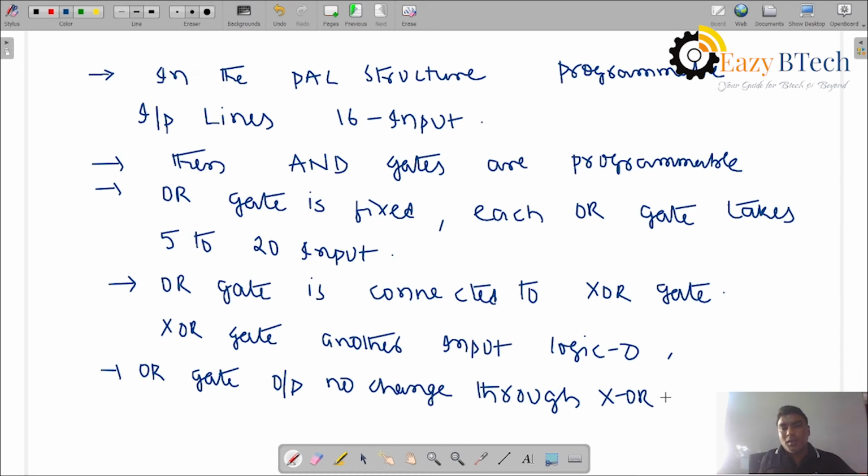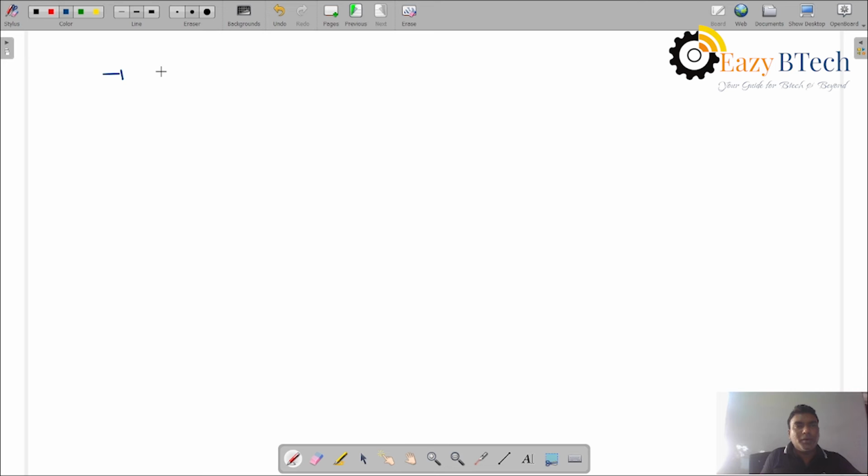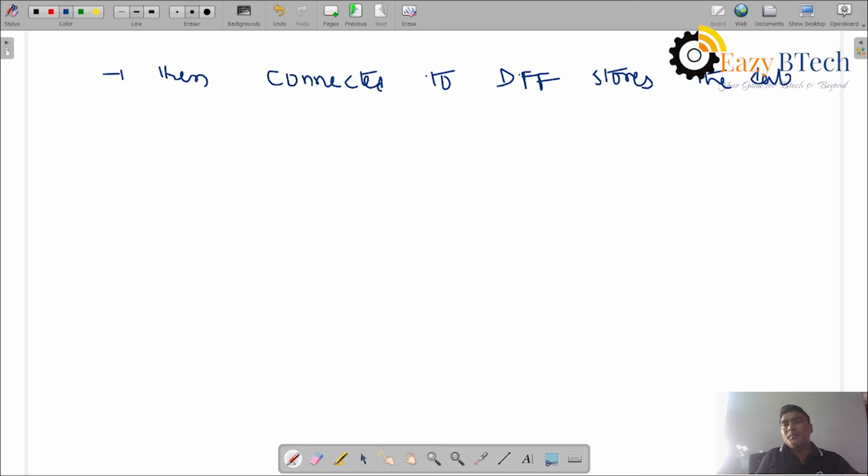Then it is connected to a D flip flop, which stores the data.